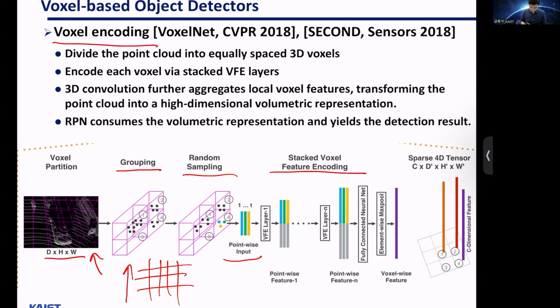This is the key part, the stacked VFE layers, which are sort of like a 3D CNN. 3D convolution further aggregates local voxel features, transforming the point cloud into a high-dimensional volumetric representation. The RPN, region proposal network, consumes the volumetric representation and yields the detection results.